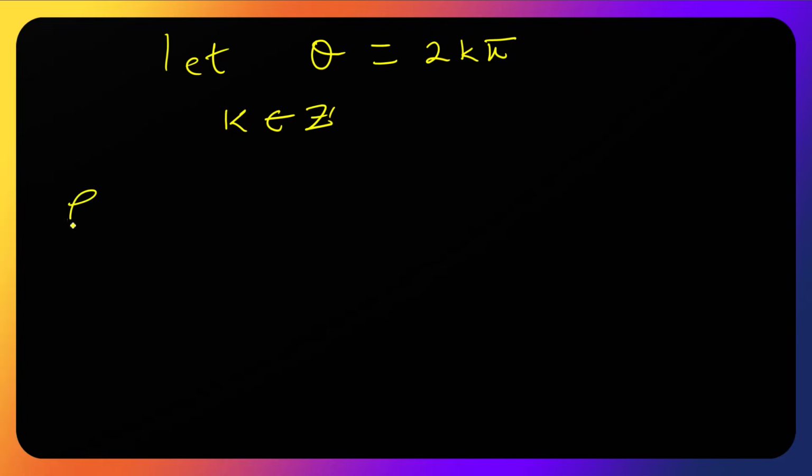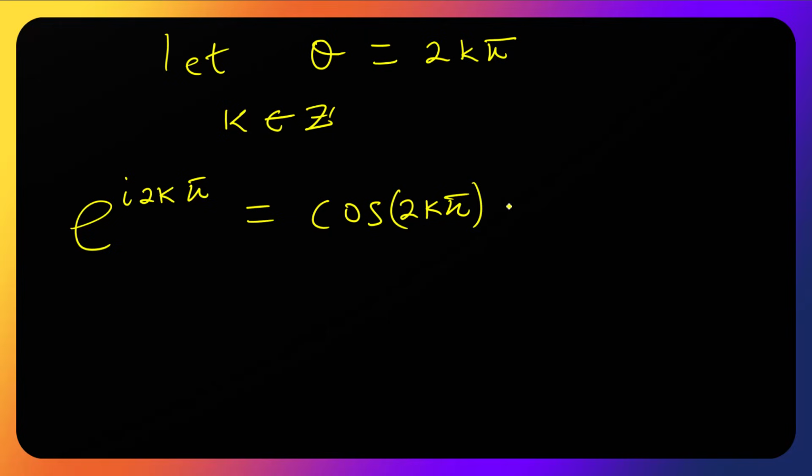So we have e raised to i 2k pi equals cos 2k pi plus i sine 2k pi.